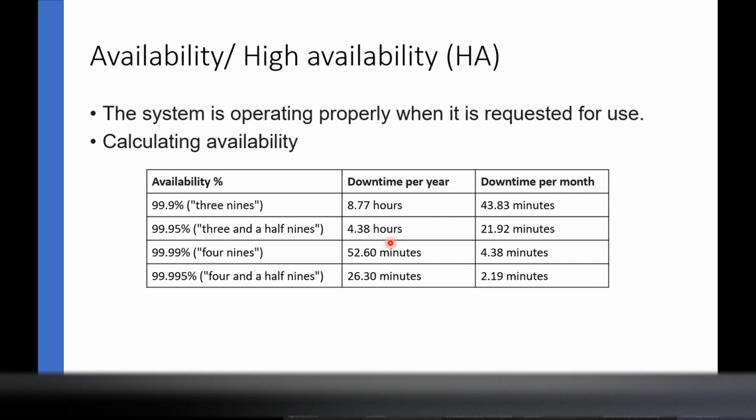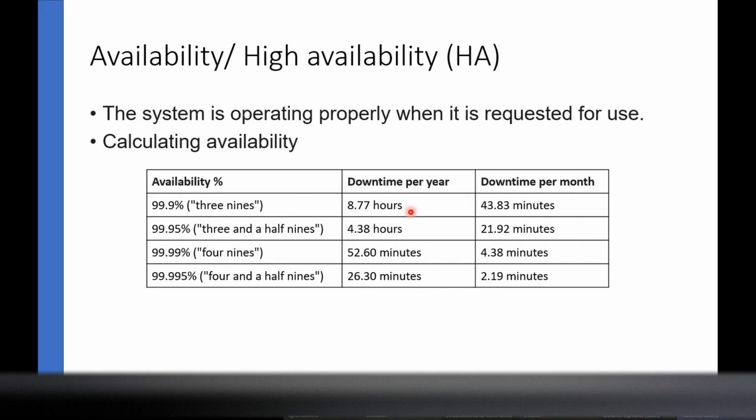Now, what is this availability? Downtime per year, downtime per month. If a system is running at 99.9 availability, if you have seen this text anywhere, that means in a given year, it's only 8.77 hours down.